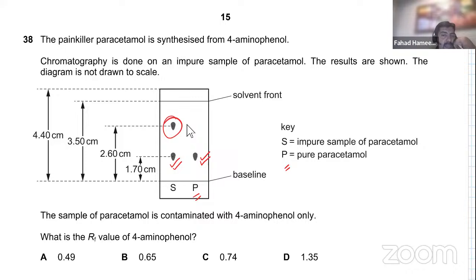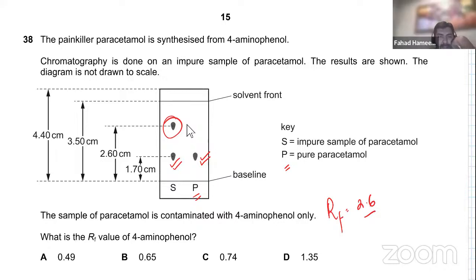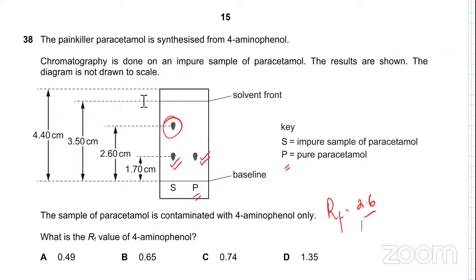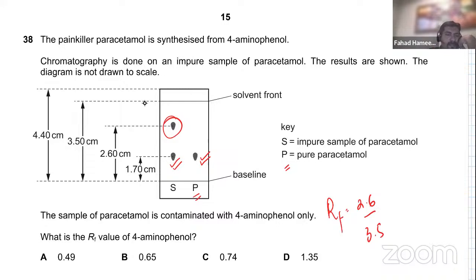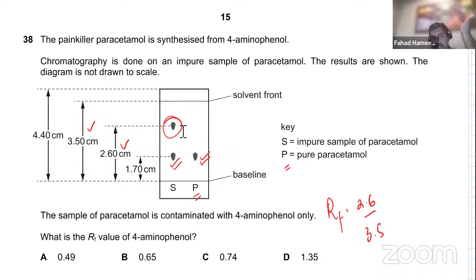So what will its RF value be? It's going to be 2.6 divided by what? Distance traveled by the dye divided by the distance traveled by the solvent front. The solvent front is 3.5, right? Clear? These two are pure paracetamol, and the other one is the one they're talking about.